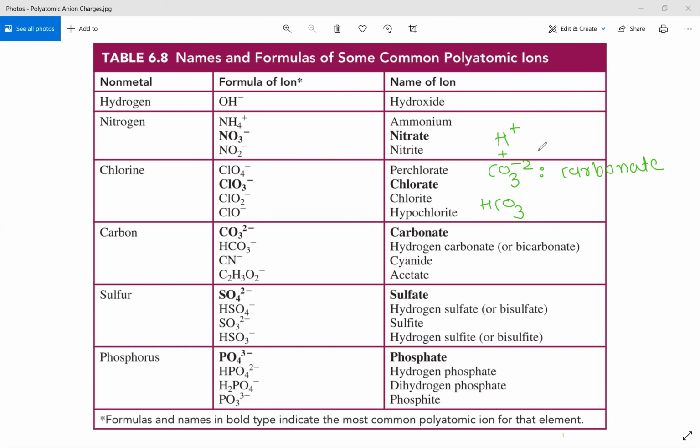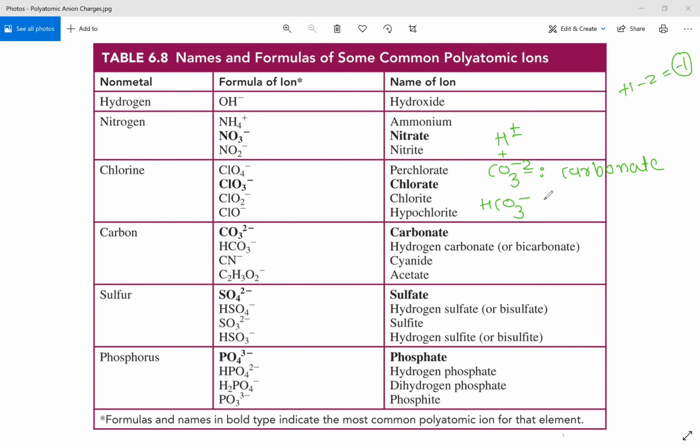We are going to add H plus to CO3 minus 2. When we add it, it becomes HCO3, but the charge is +1 minus 2, which is -1. It's that simple. So when you put hydrogen with this anion, it becomes HCO3 minus 1.